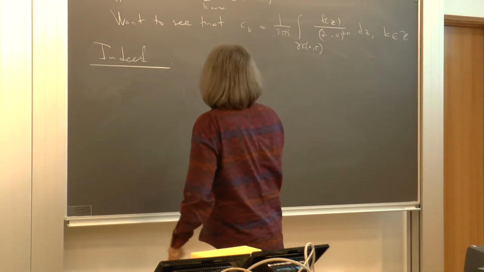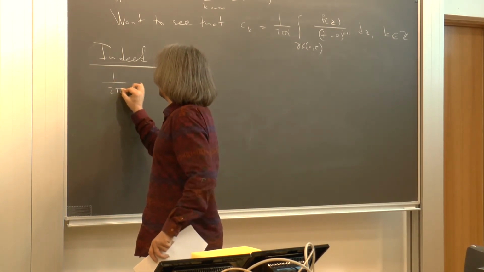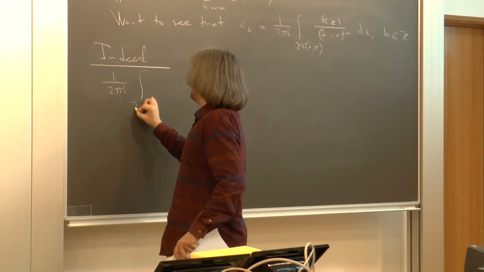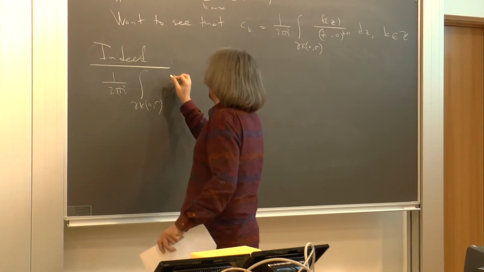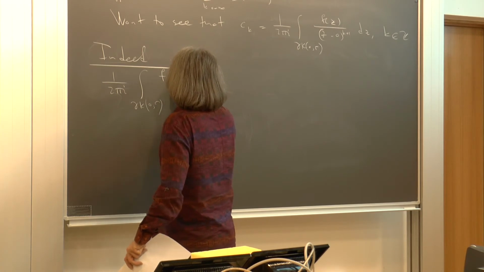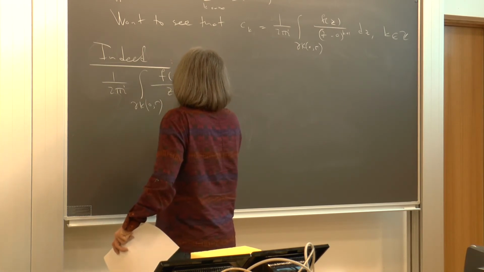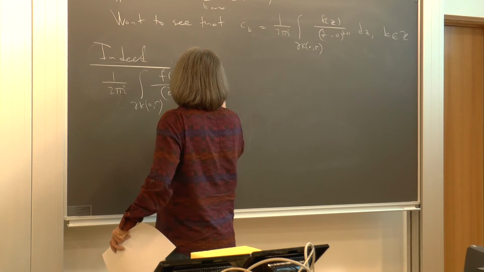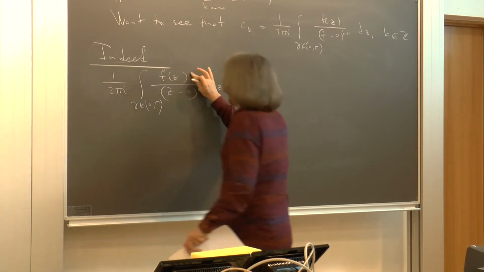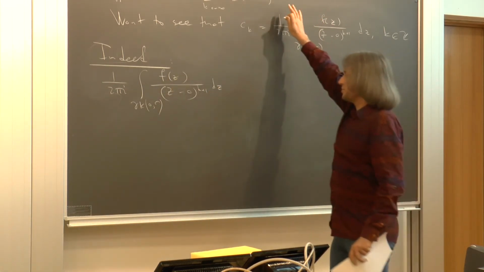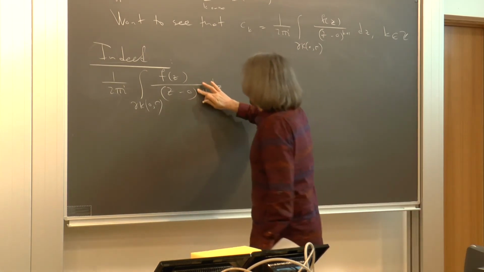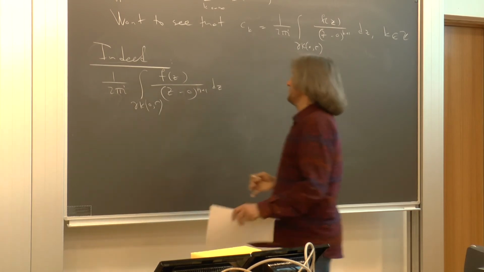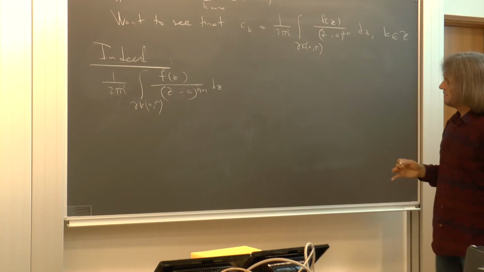So indeed, we write 1 over 2 pi i, the integral over dk of a R of f of z over z minus a to the n plus 1, dz, and then we substitute this series expression. Let me put n here, just to distinguish from the summation index.